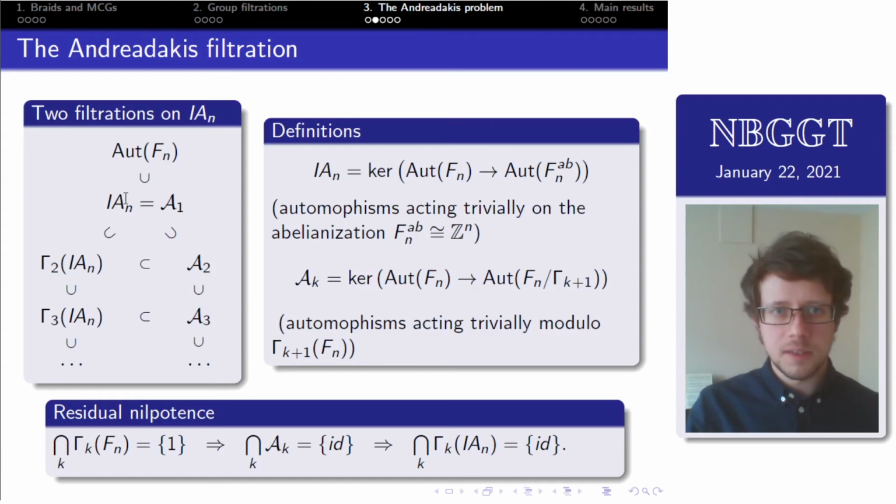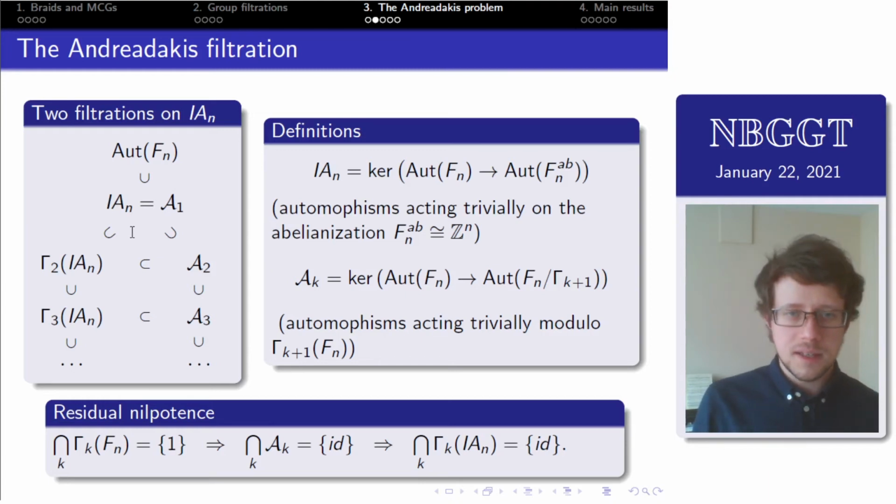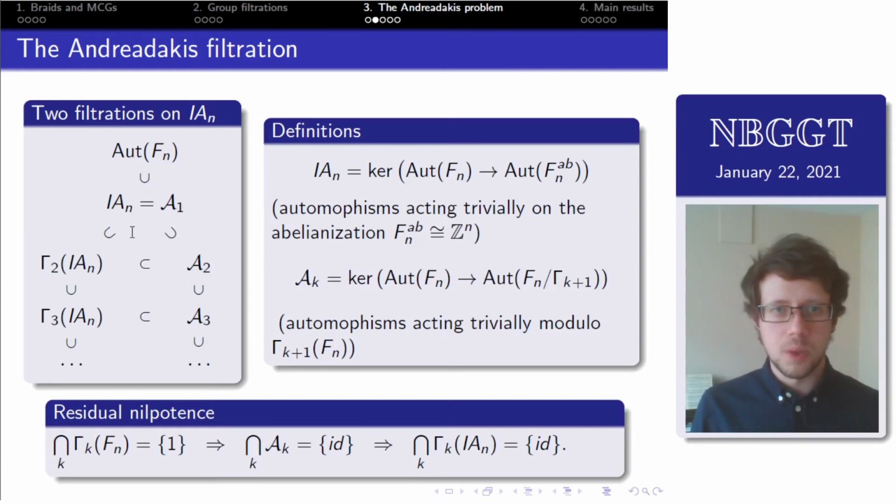So that's the main reason why we are looking at IA_n, automorphisms acting trivially on the abelianization, and that is also the main reason why I'm talking about pure braids and pure mapping classes, because they also will satisfy this condition, because they will be subgroups of IA_n.